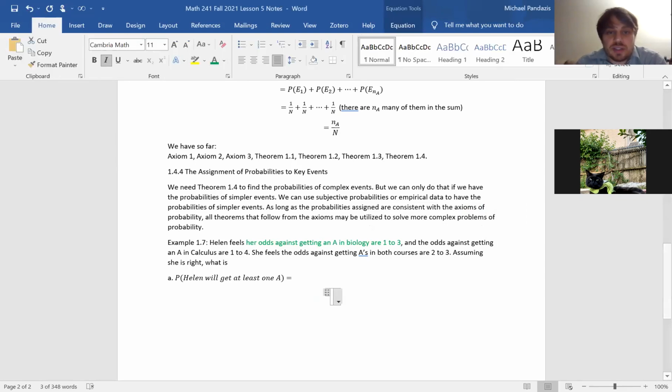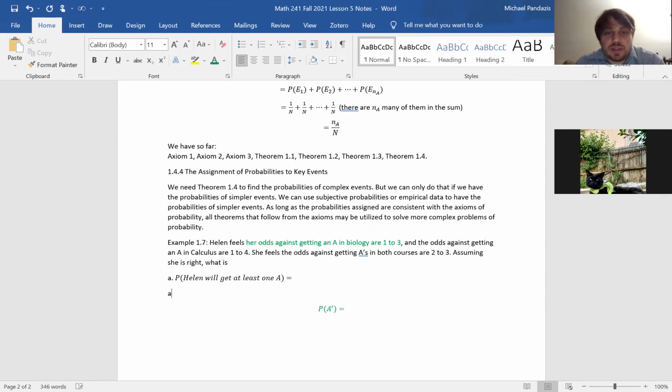Okay, so the green part that I highlighted is going to correspond with this thing I'm going to write here. So that corresponds with the probability of her odds against getting an A in biology. So the probability of A prime, where A is the event of her getting an A in biology.